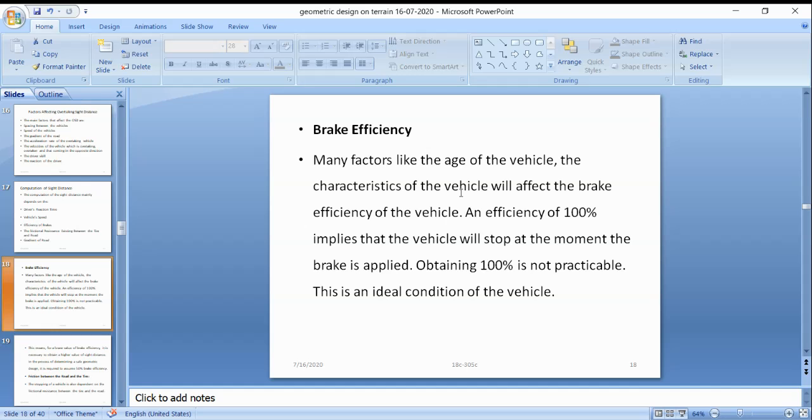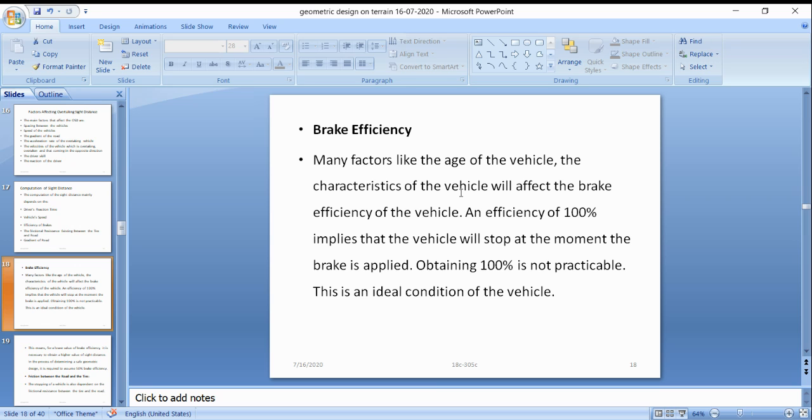So in that we can see brake efficiency. Many factors like the age of the vehicle and the characteristics of the vehicle will affect the brake efficiency.